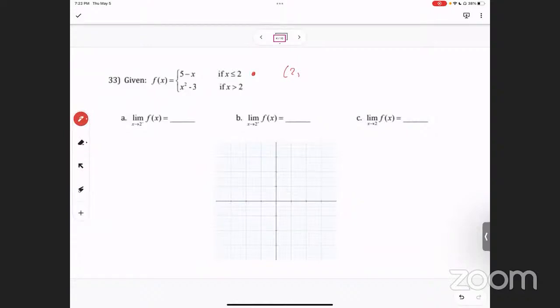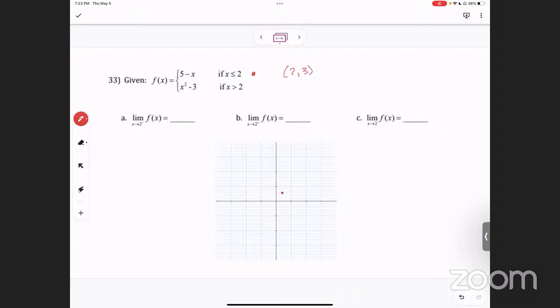Plug that in to this part. So it's 2 comma 5 minus 2, which is 3. 2 comma 3, so that's one point. There's 2 comma 3 on my graph.